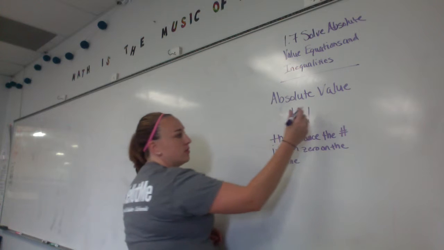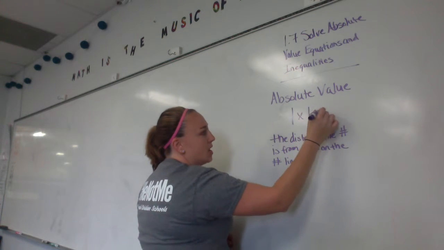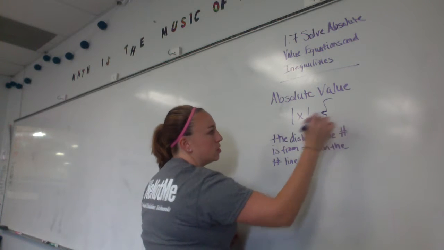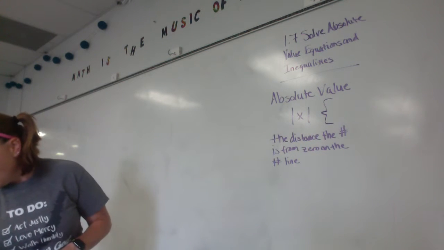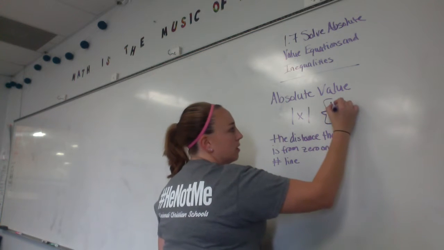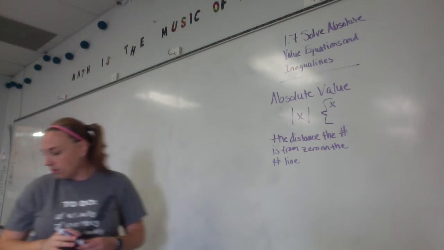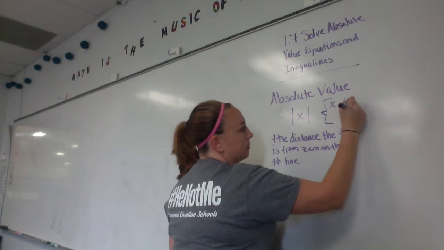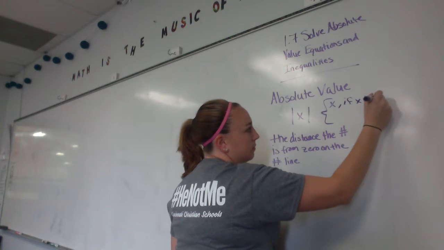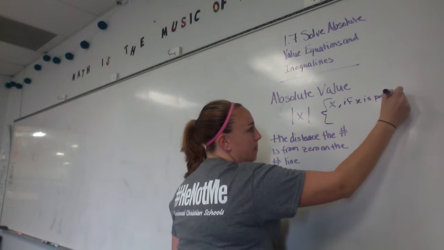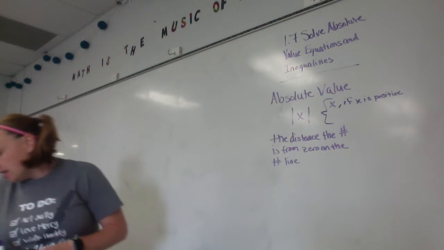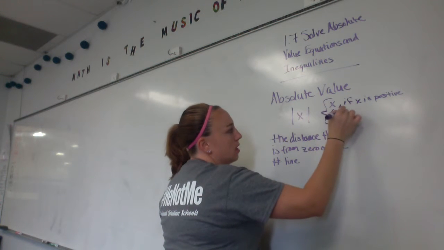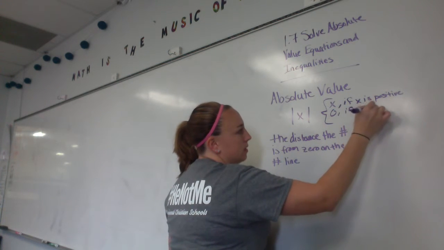If you're taking the absolute value of x, you can have 3 types of possible solutions. If I put in a positive x, I get an x out if x is positive. If I put in a 0, I get a 0 out if x equals 0.